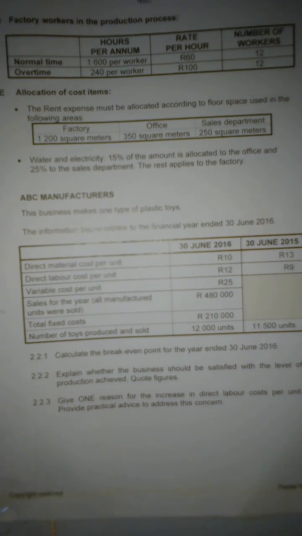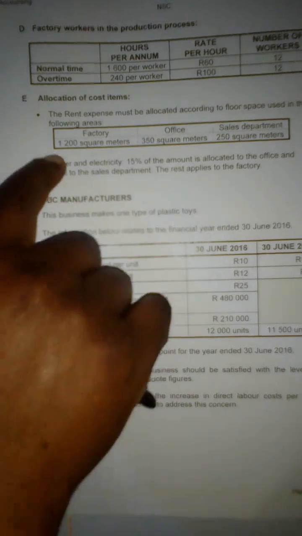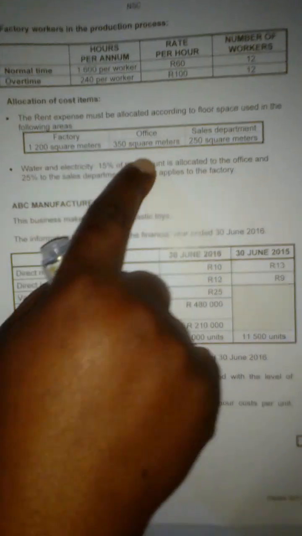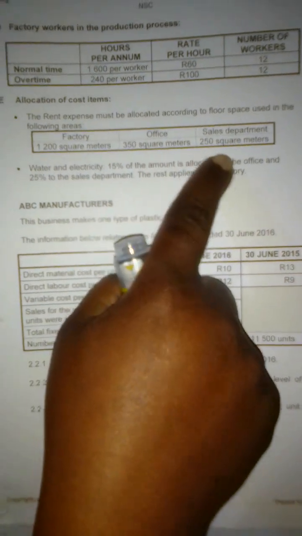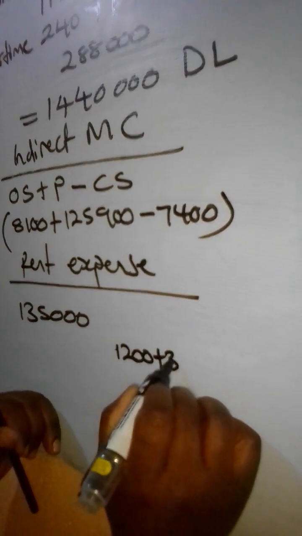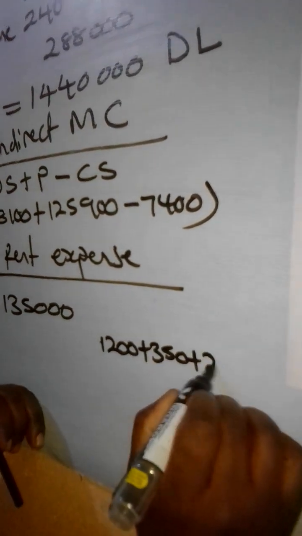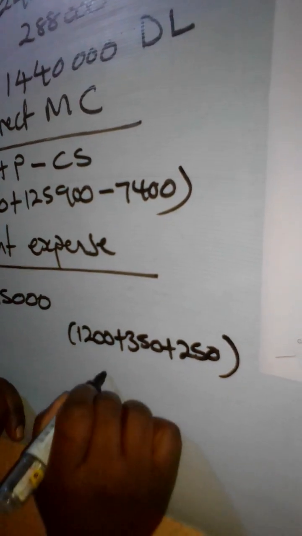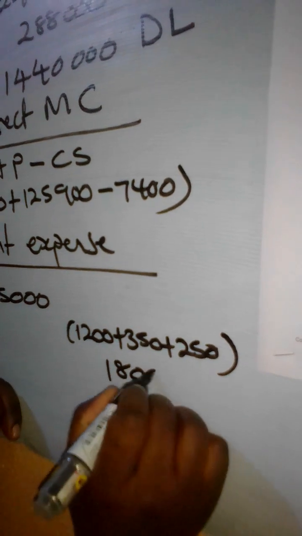So the first thing that we do is to add the number of square meters that are occupied by the whole firm: 1,200 plus 350 plus 250. It will give us 1,800.